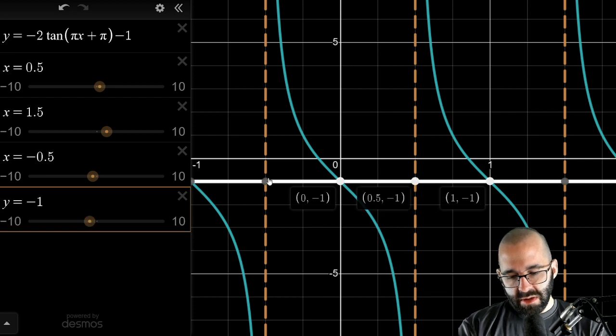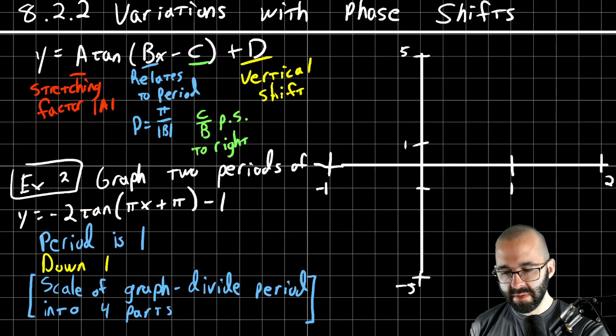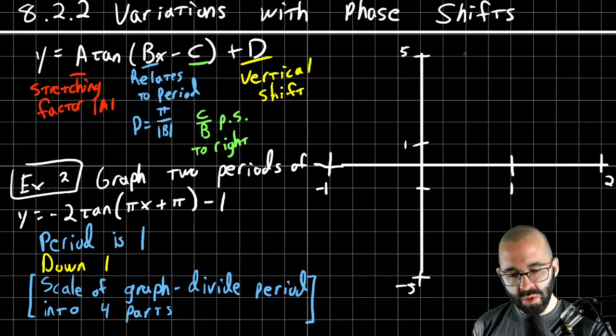So where are the asymptotes? They're at -0.5, +0.5, and 1.5. So the asymptotes are at 1/2, halfway between 0 and 1, and 1.5, because we're just adding our period of 1, or subtracting our period of 1, to get all of these asymptotes.